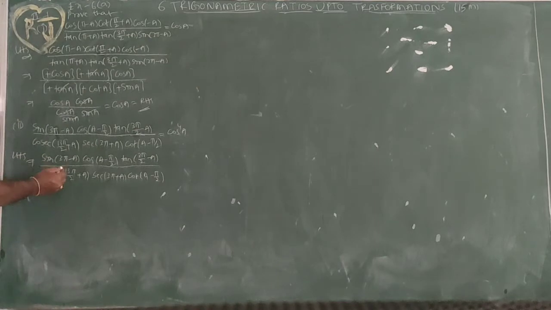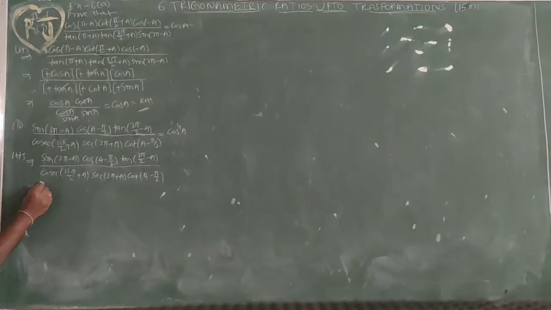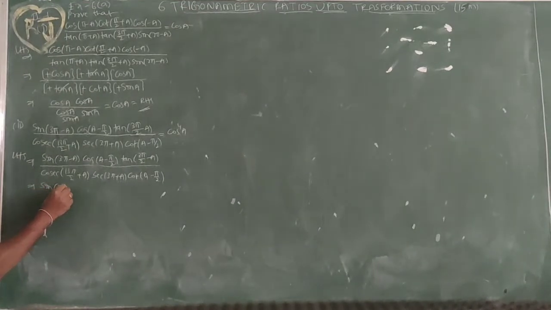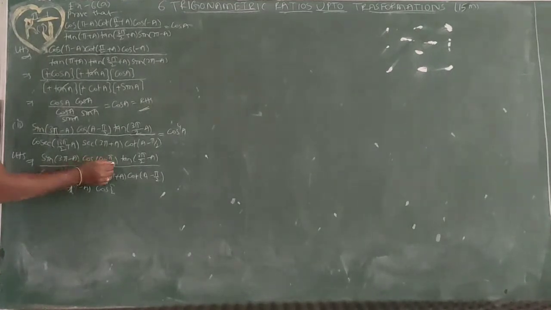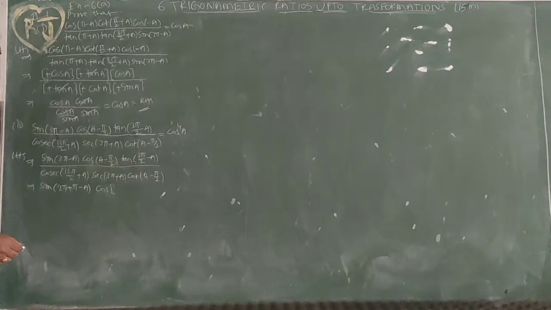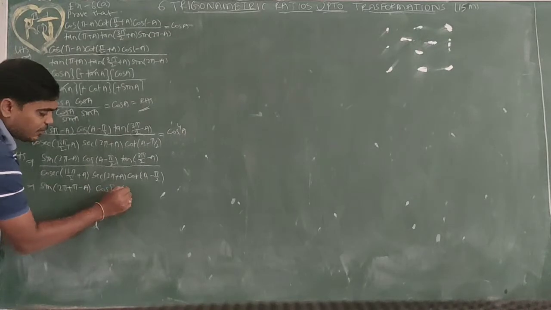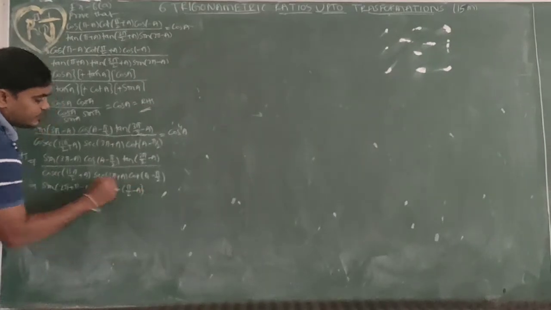Now, 3 pi I want to write as 2 pi plus pi, so sin (2 pi plus pi minus a), cos of. Actually the quadrant angle should be positive, so I want to take minus common, (pi by 2 minus a).